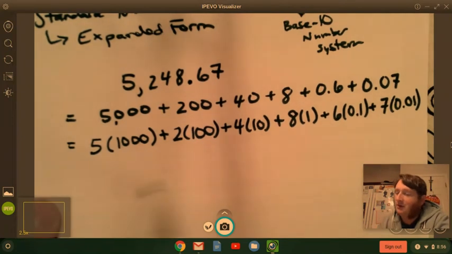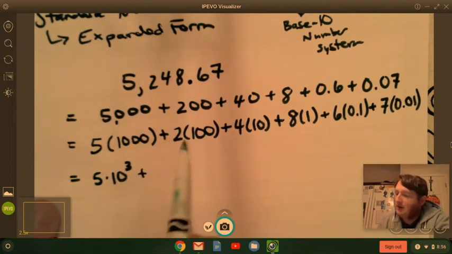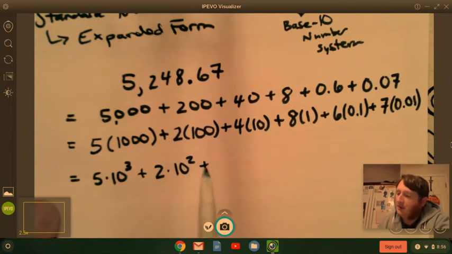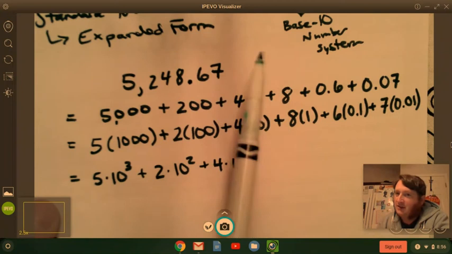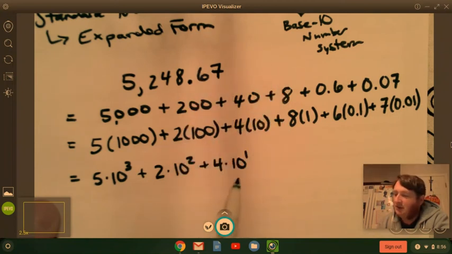So really what's going on here is that this is 5 times 10 to the third power, and this is 2 times 10 to the second power, and this is 4 times 10 to the first power. And the idea of a base 10 place value system is that every digit is a multiplier, and the base of the exponential piece is 10. That's why it's base 10. And then this is the exponent.